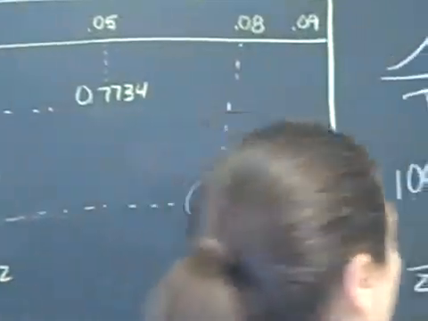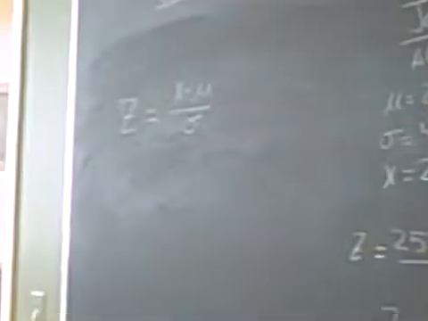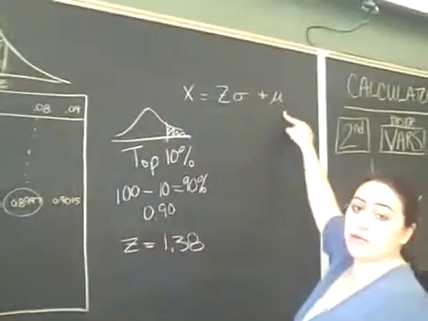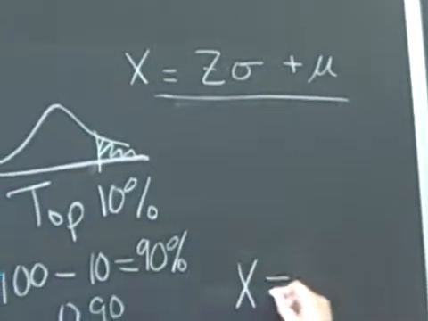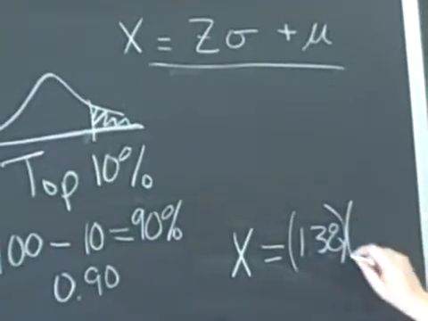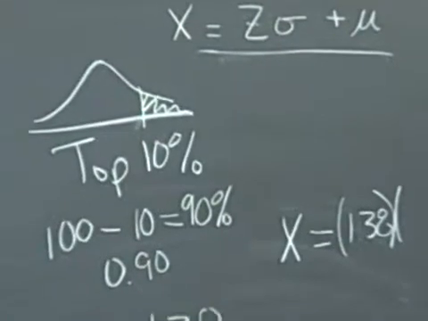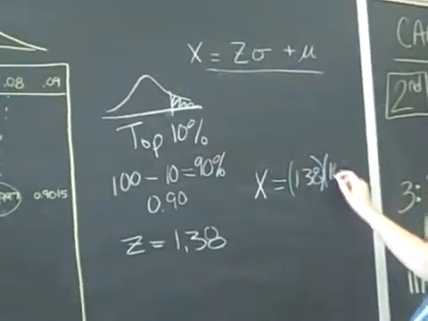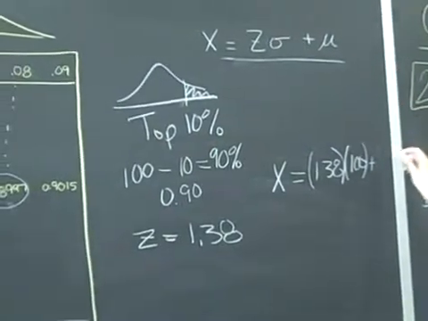Now, based off of our original equation down here where z equals the x minus mean over standard deviation, if we arrange that algebraically, solving for x, this is the formula that we get here. So if we put in our values, that's for x, and the standard deviation was 100, and the mean was 500.